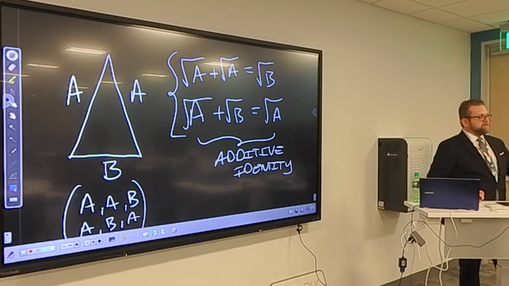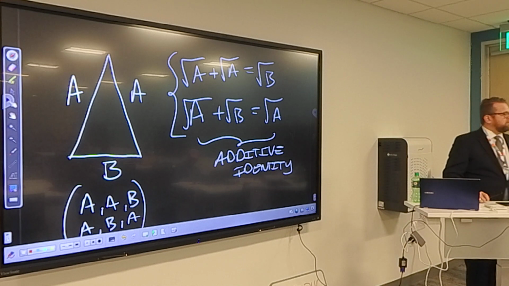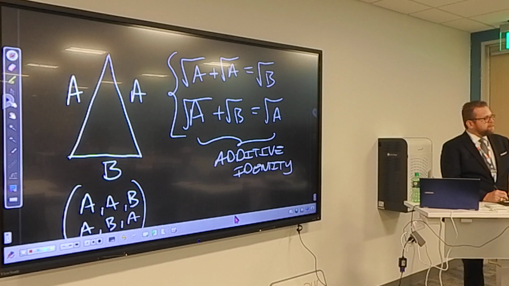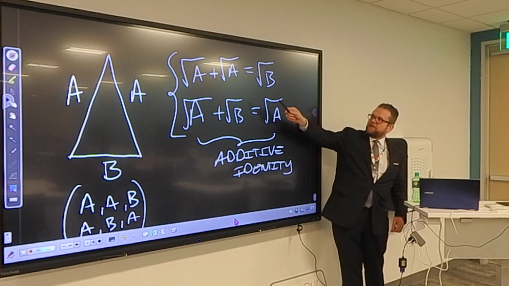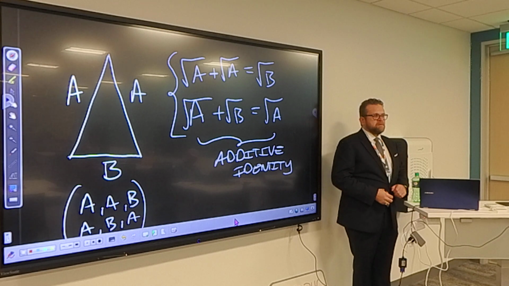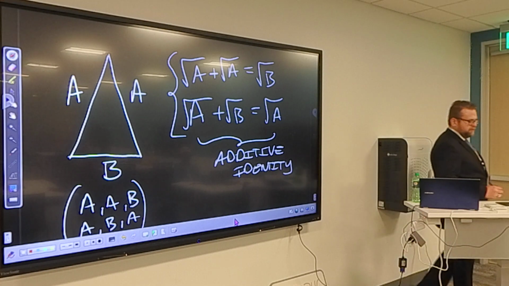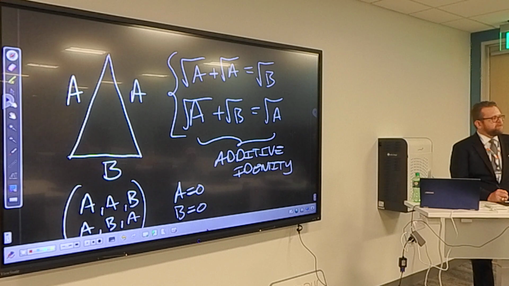If I want to solve this system, if I want numbers A and B that satisfy this second equation, then B must be 0. If B is going to be 0, then the square root of A plus the square root of A is 0. What does that make A? 0. The square root of 0, which is 0. You're done. You've now shown that A is 0 and B is 0.